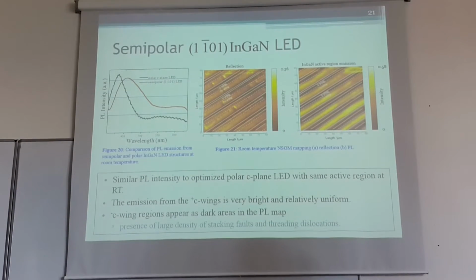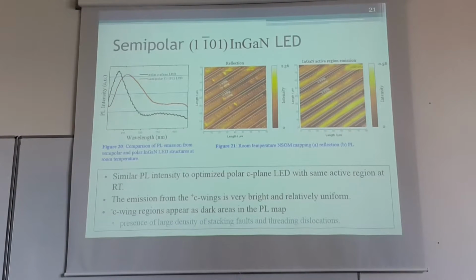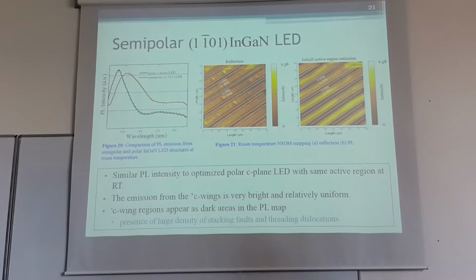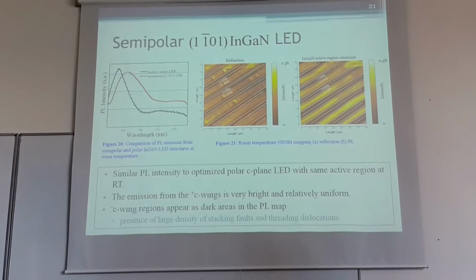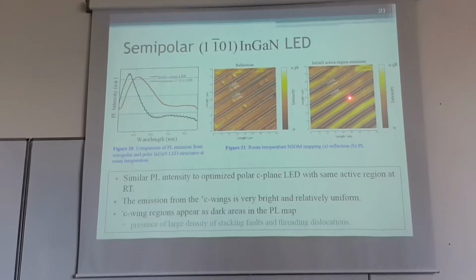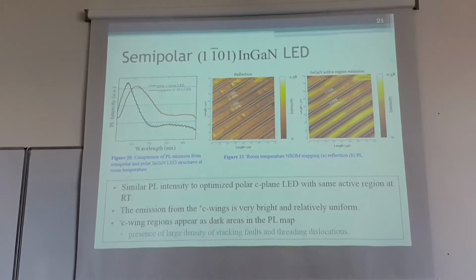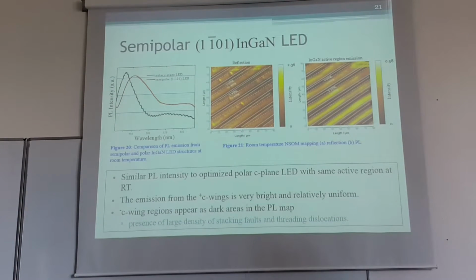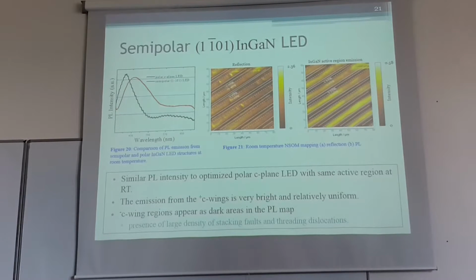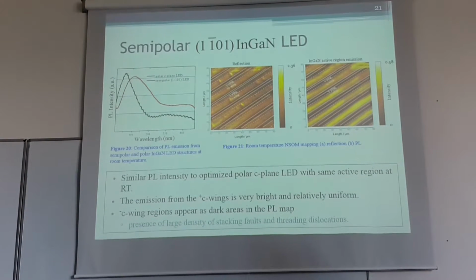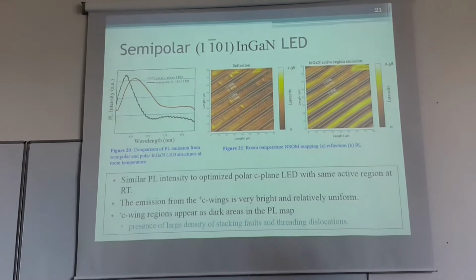And we grew LED structures on these, with active regions, and we found that it still correlates with the substrate. And this is the reflection image of the source of photoluminescence from these structures. And in the left-hand side image, the comparison of photoluminescence of a polar C-plane LED and a semi-polar LED, which used the same active region and were grown in the same process.